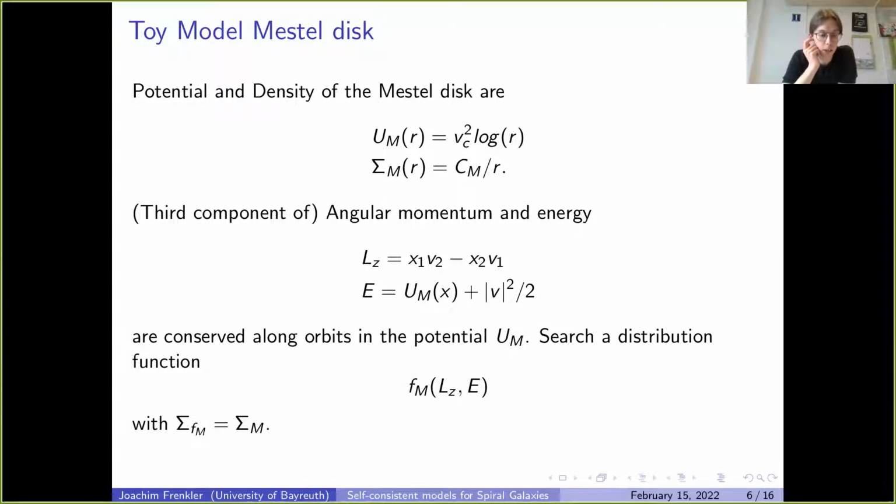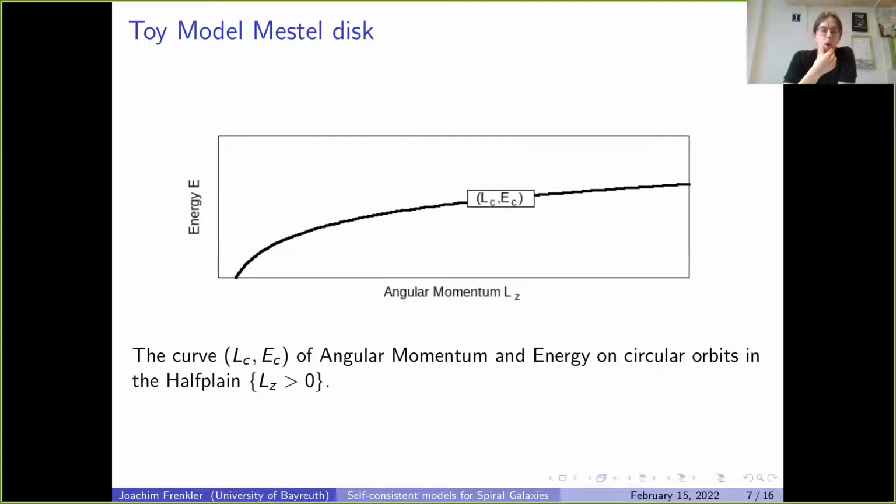And we want that this distribution function Fm has similar dynamics like the real galaxy. So we want that most mass is on almost circular orbits around the center of the model. And therefore, it's good to first take a look at angular momentum and energy on circular orbits.